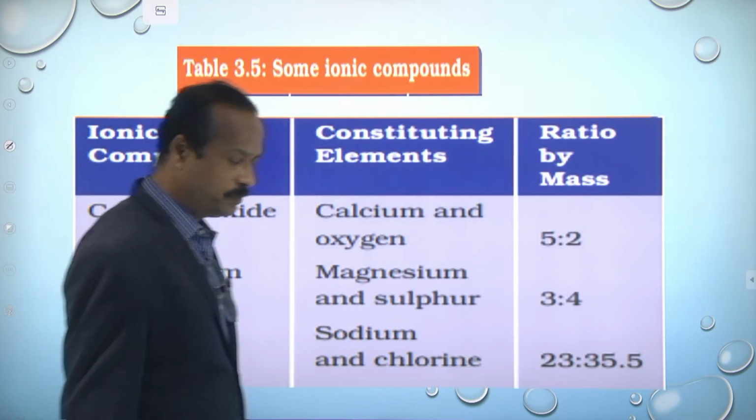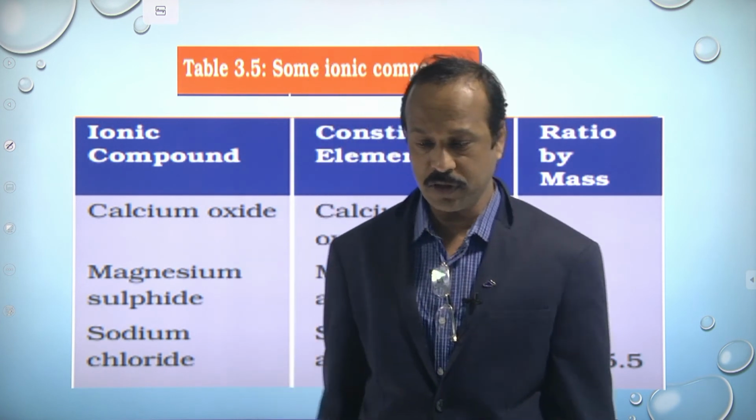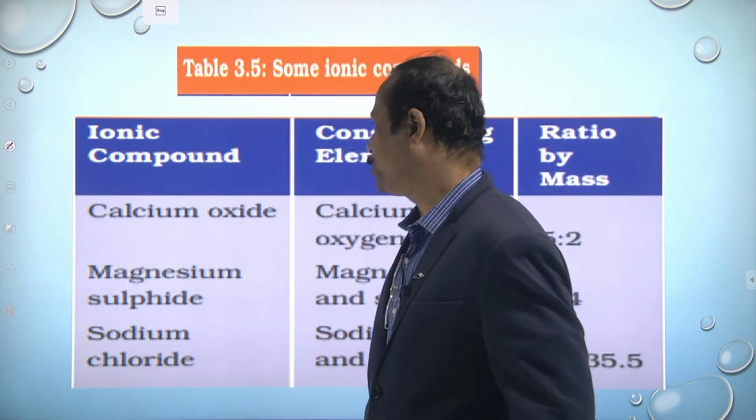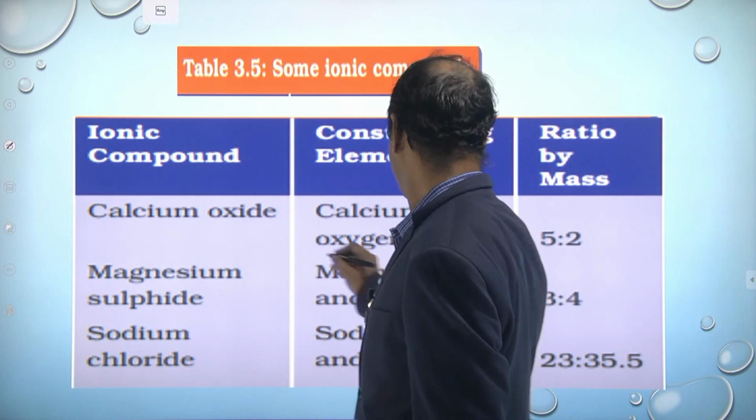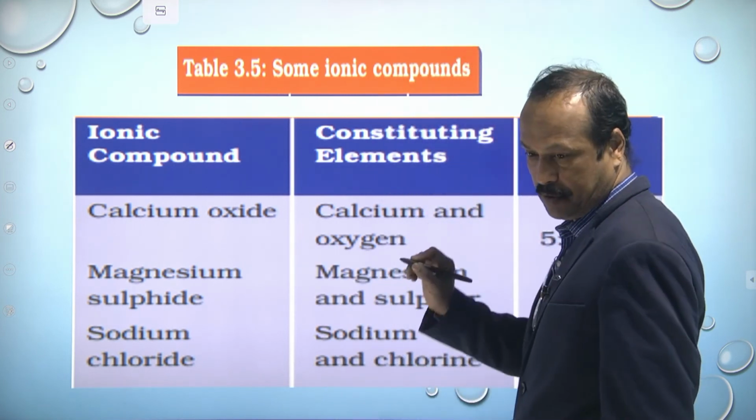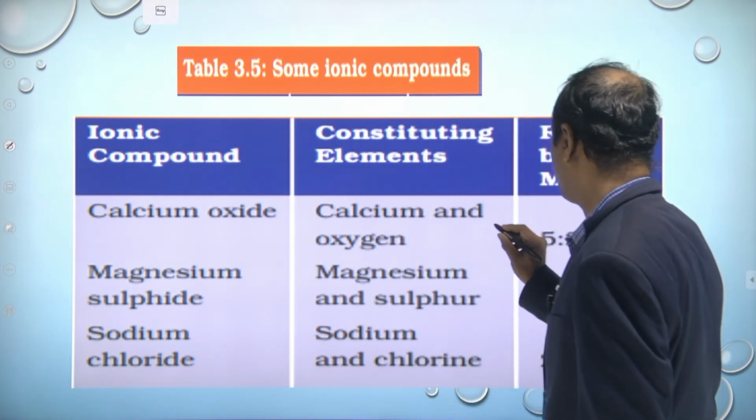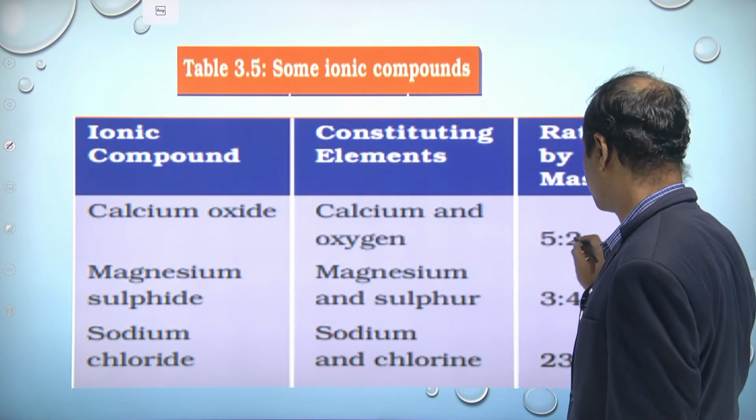So here you see, some compounds are given. For example, calcium oxide. Whatever the source, the ratio by mass of calcium and oxygen is 5:2.